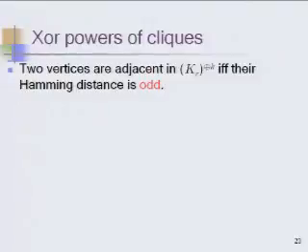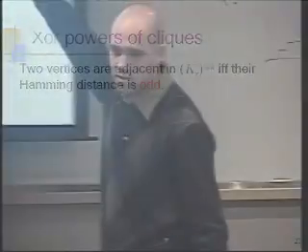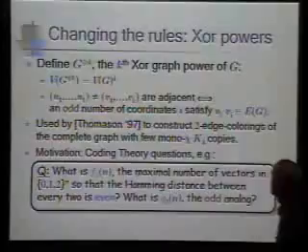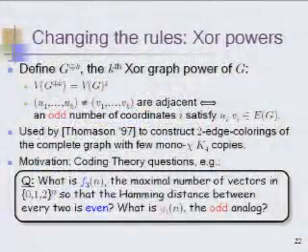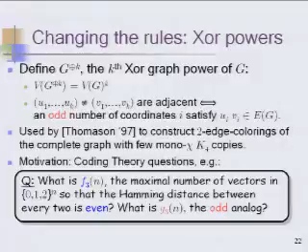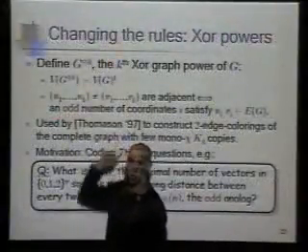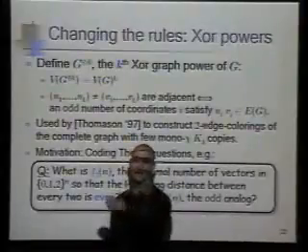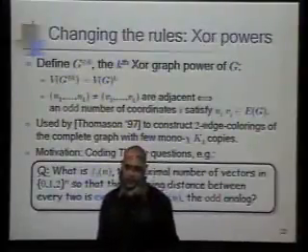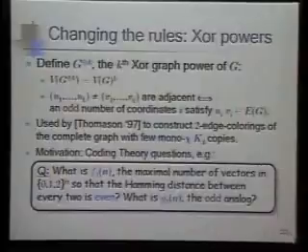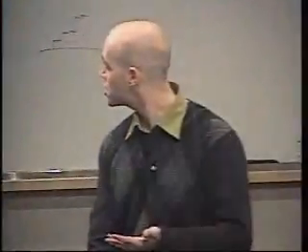So if you take the complete graph to the k, I'll return to the definition. What does it mean to have an edge here? It means that the two vertices are different, are distinct. So counting the number of edges and hoping that it's odd means counting the Hamming distance and seeing that it's odd. So an odd Hamming distance corresponds to an edge.